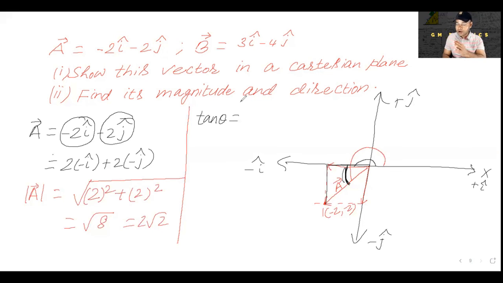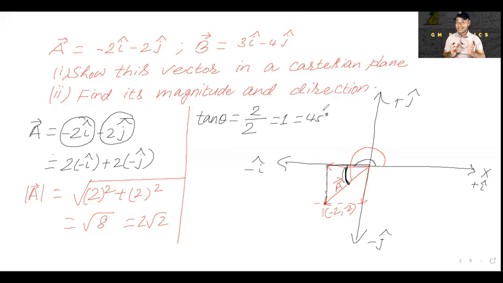Don't use sign, because here we already know that this vector lies in third quadrant. So we don't need to write y component with sign upon x component with sign. Simply write y component positive value, that is 2 units, upon x component positive value 2 units, that is equal to 1. So that gives me 45 degree, right?